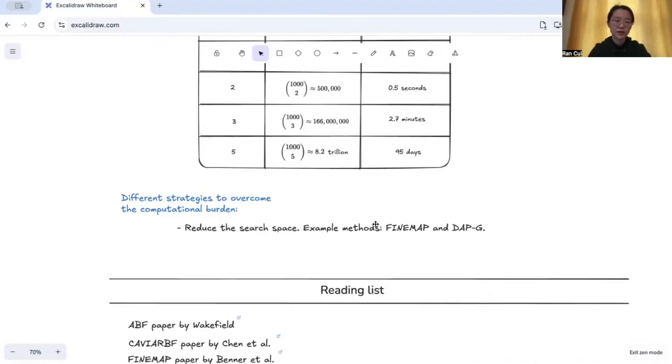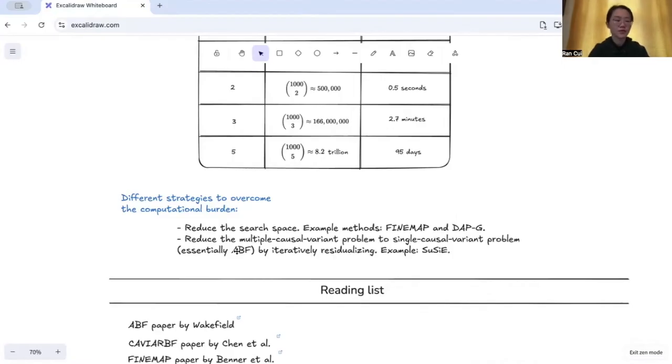That leads to the methods FINEMAP and DAP-G. FINEMAP searches this space stochastically, meaning randomly. Every time you run FINEMAP, it'll give you a slightly different result, but it's been proven to be pretty robust. DAP-G is also searching the space, but in a deterministic way.